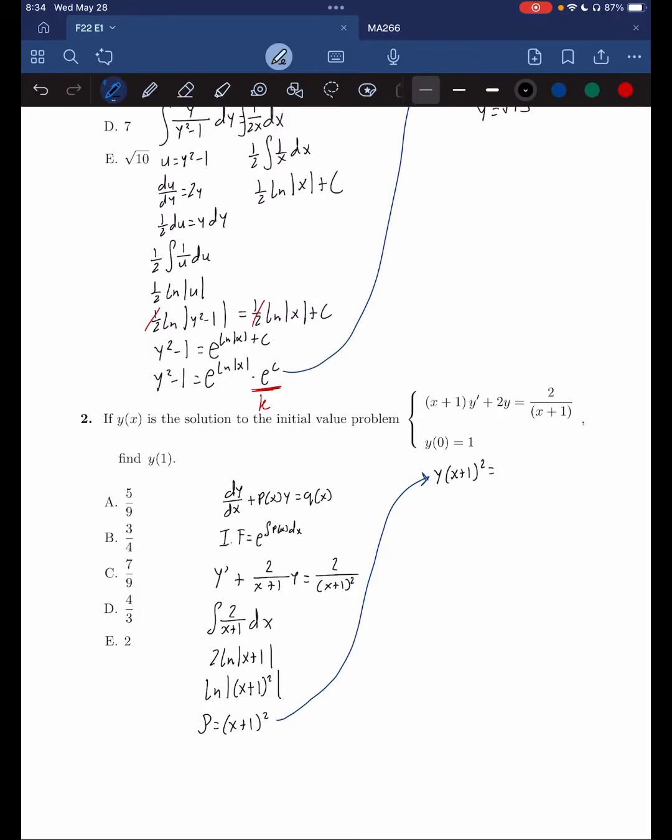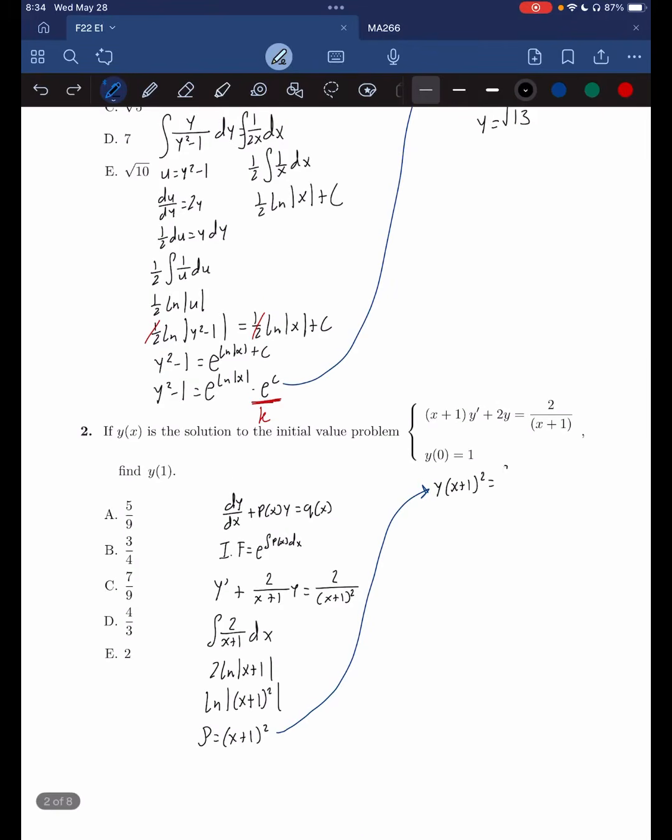And we take whatever is on the right-hand side, our q of x function. This is equal to the integral of q of x times your integrating factor. Now, what is our q of x? Keep in mind, it's not 2 over x plus 1. It's actually 2 over (x plus 1) squared, because we divided out the x plus 1 to begin with.